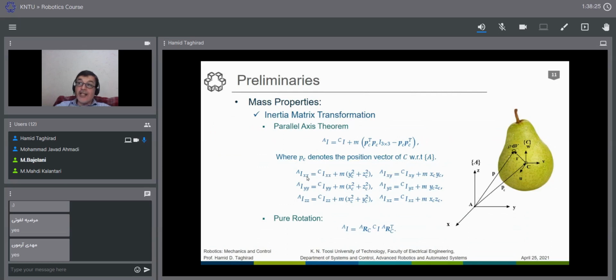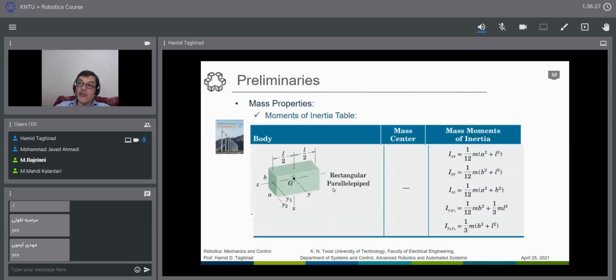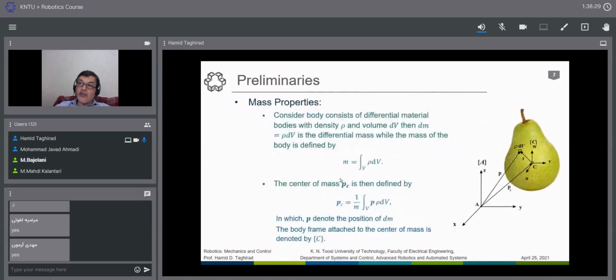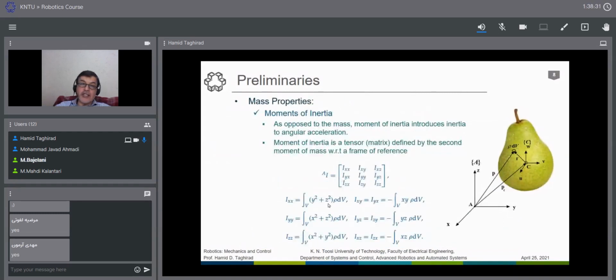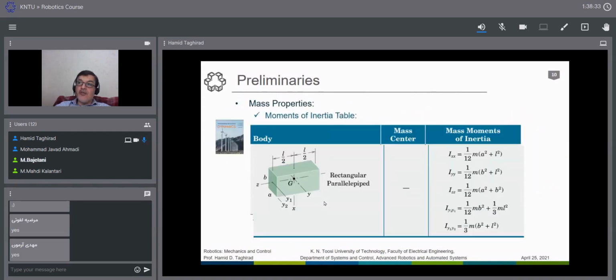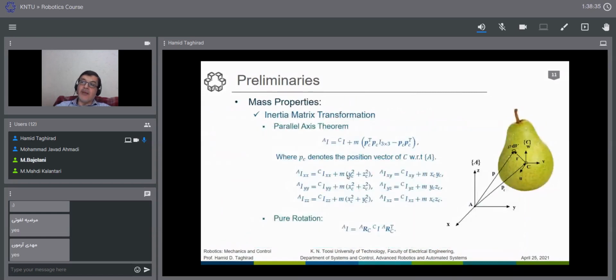And since Ixx was only dependent on Y and Z, when you make a parallelogram, the mass of the system times this radius that you have extended will add to the Ixx value.